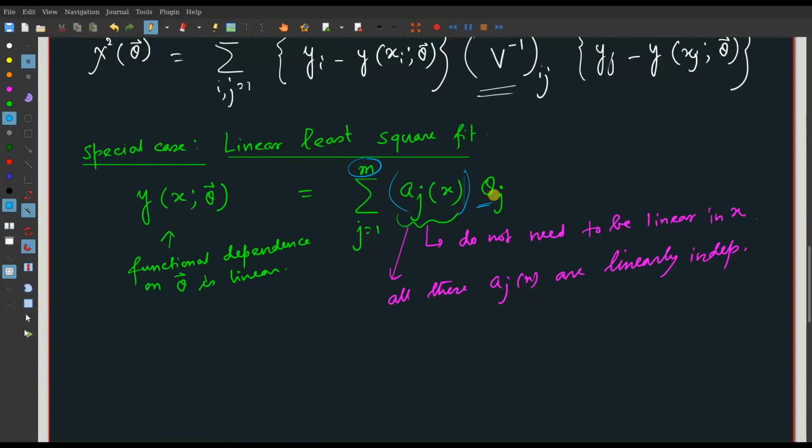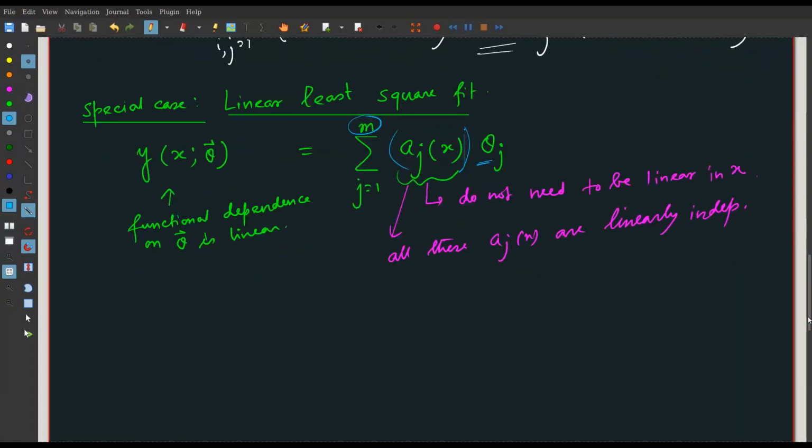So then, in this special case, if I want to compute this thing called lambda_i, which is essentially the value of y at x_i theoretically given theta, that is just the summation over j equals 1 to m of a_j at x_i times theta_j.